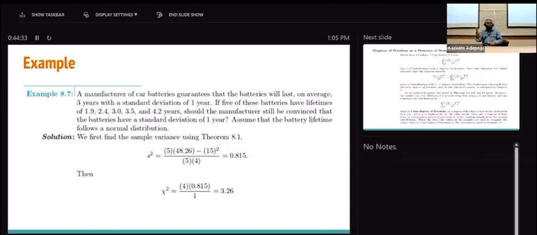What is the application of this? A manufacturer of car batteries guarantees that the batteries will last on average 3 years with a standard deviation of 1 year. If 5 of these batteries have lifetimes of 1.9, 2.4, 3.0, 3.5, and 4.2 years, should the manufacturer still be convinced that the batteries have a standard deviation of 1 year?